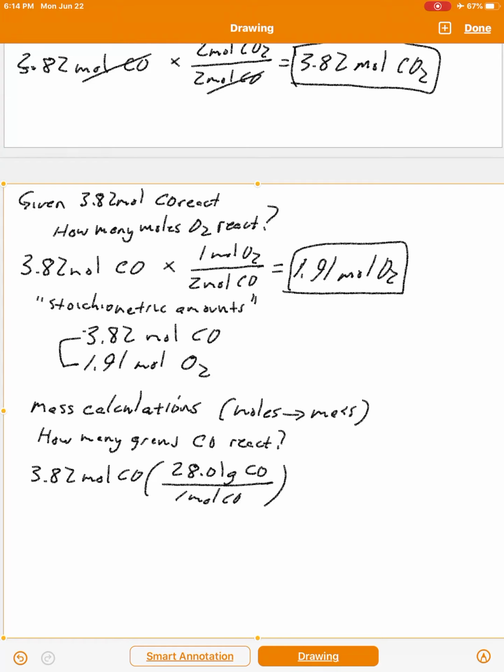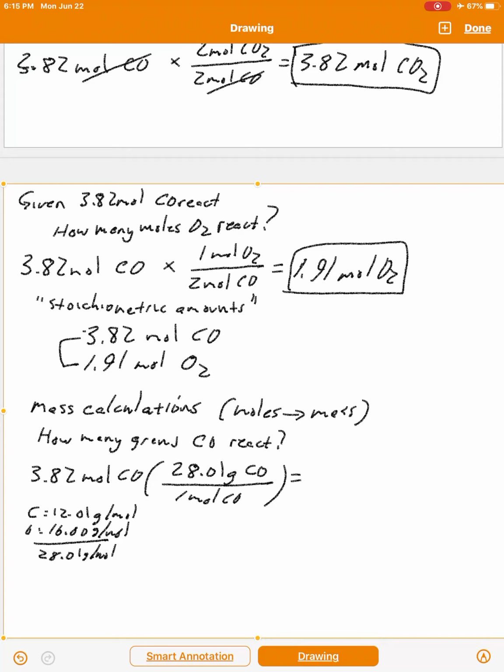Where did I get the 28.01? That number just came out of my head, right? That's the molar mass of CO. Remember, carbon is 12.01 grams per mole. Oxygen is 16 grams per mole. 28.01 grams per mole. So that's where that came from.